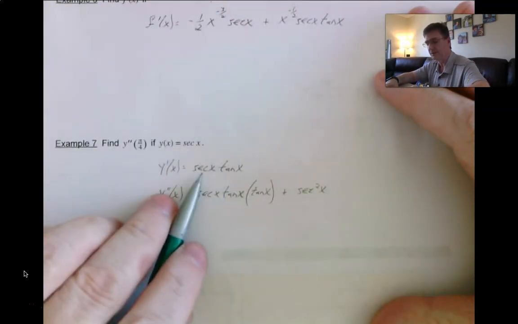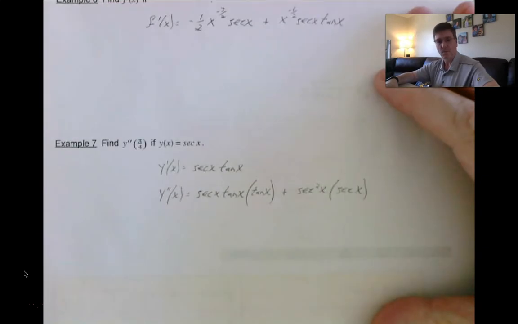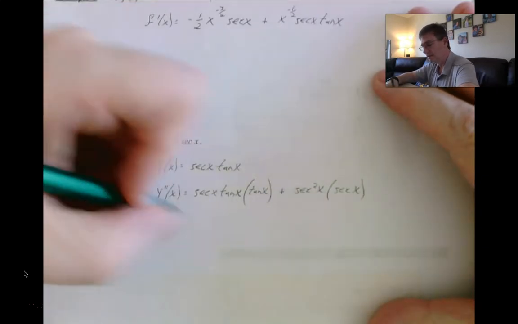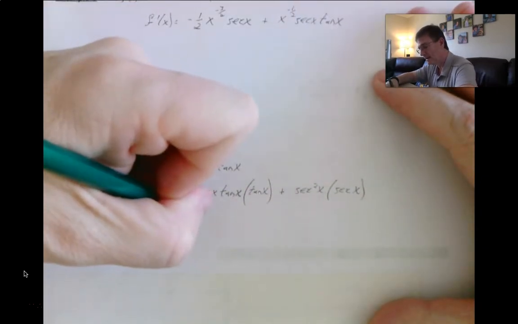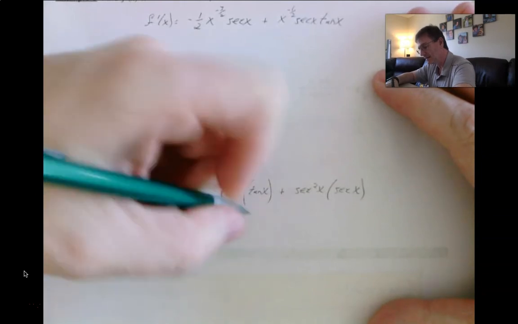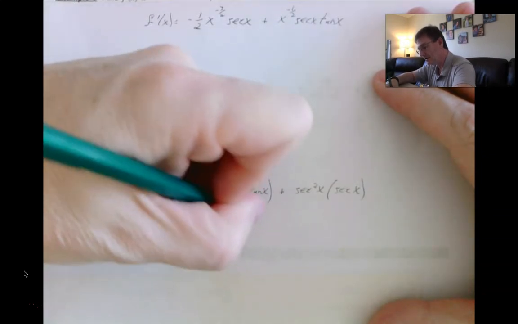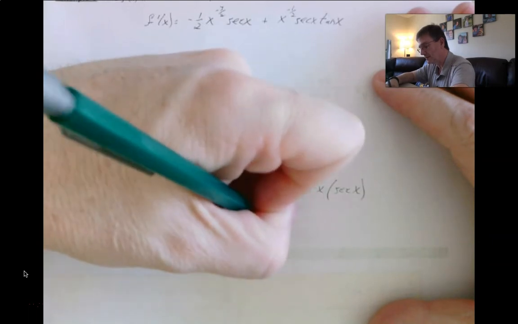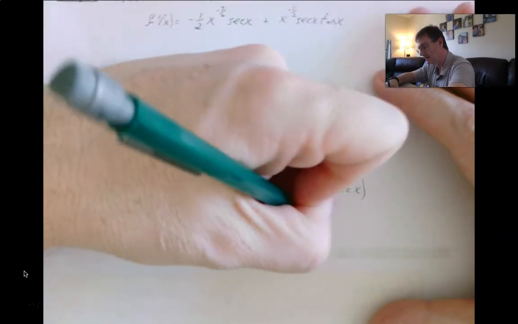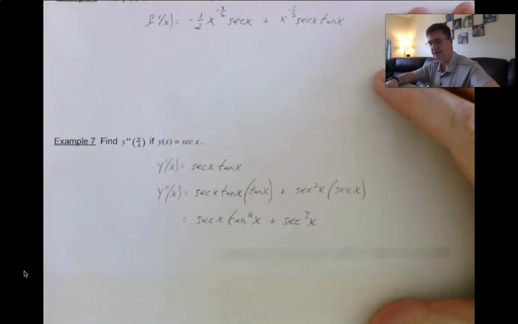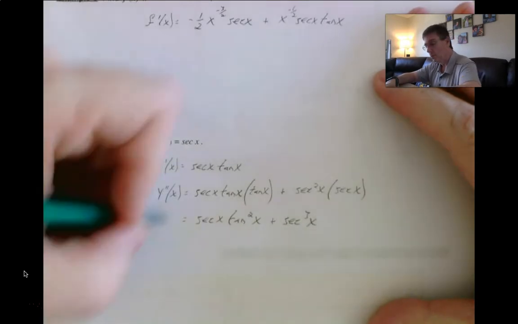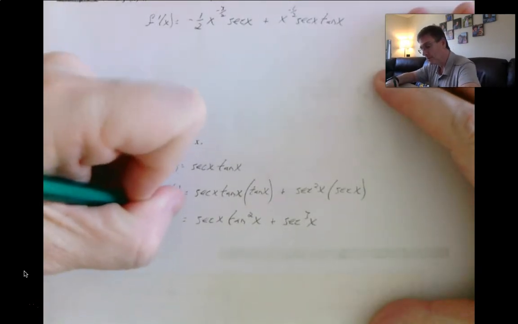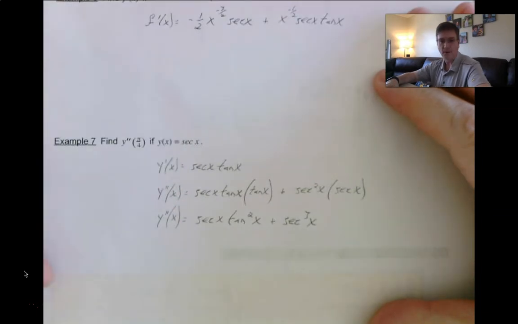Well, the first is secant of x times secant of x. Okay. Clean this up just a little bit. Secant x tangent squared x plus secant cubed of x. And that's what y double prime of x is equal to.